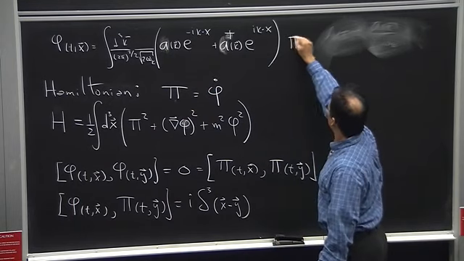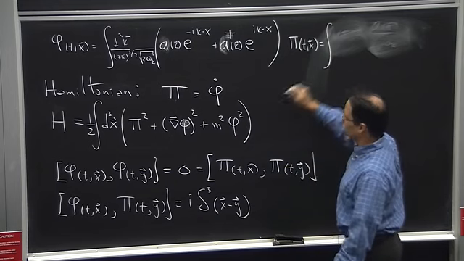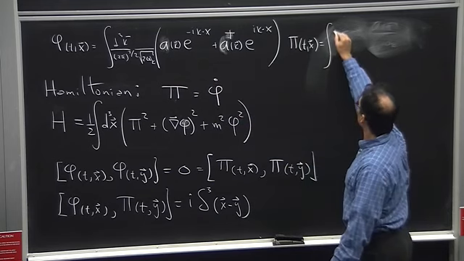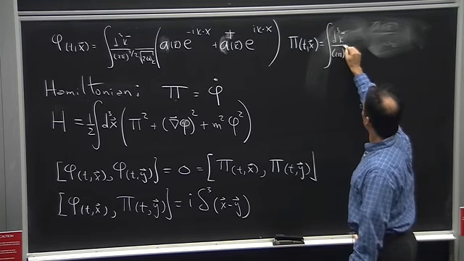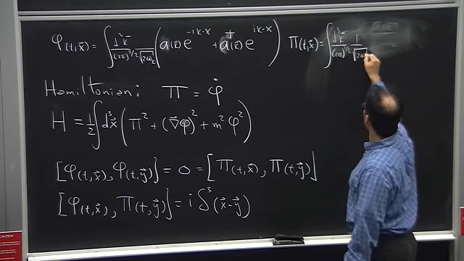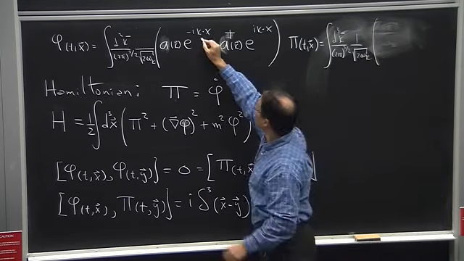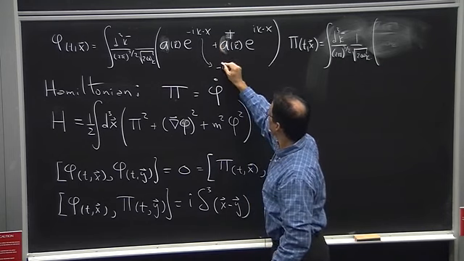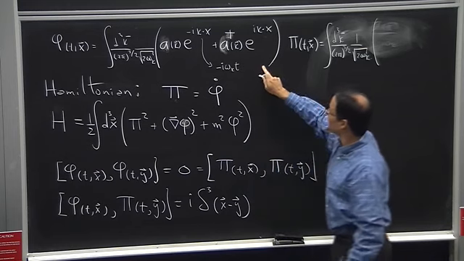How about the canonical conjugate operator? Well, we just have to take the derivative with respect to time. And what do we get? Well, remember that here, time enters as minus i omega_k times t, and here we will get it with a plus sign.